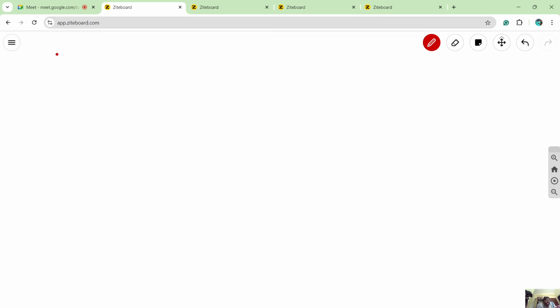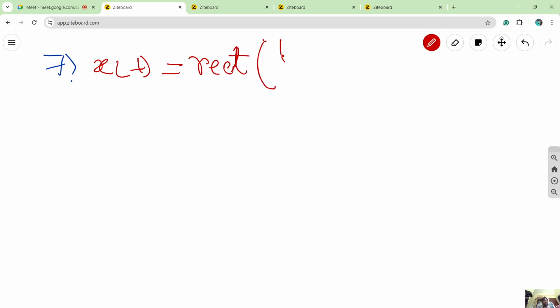So in this question, we are going to deal with the rect function again. We have a signal x(t), that is the rect signal, rect of t by aT. This is an energy signal because it is time limited.